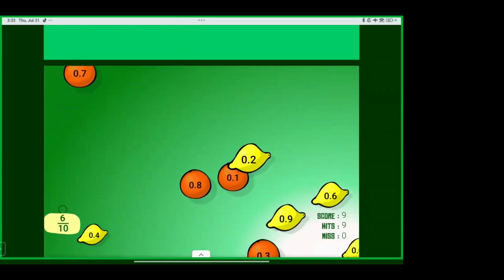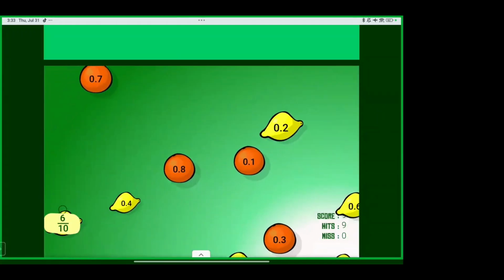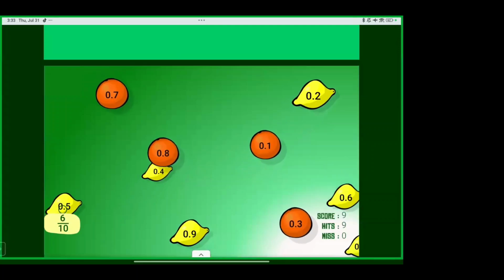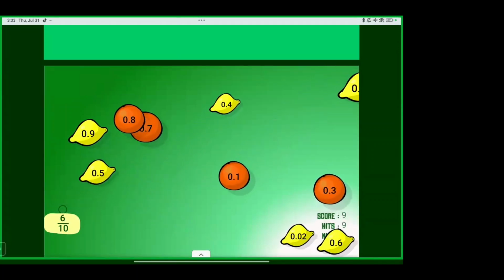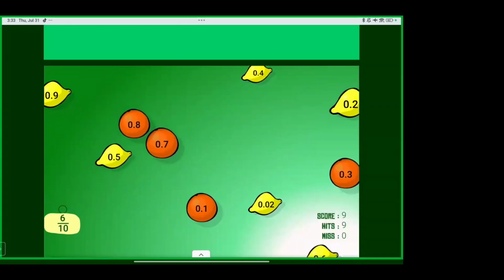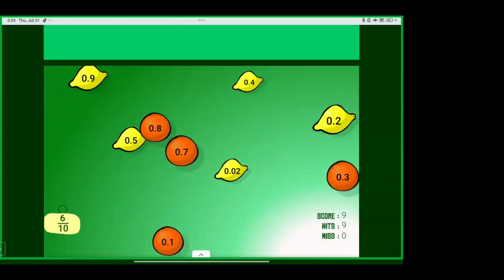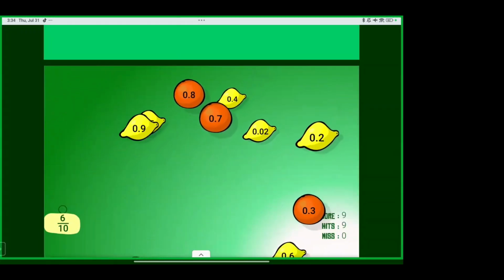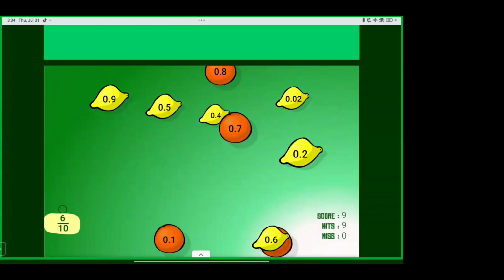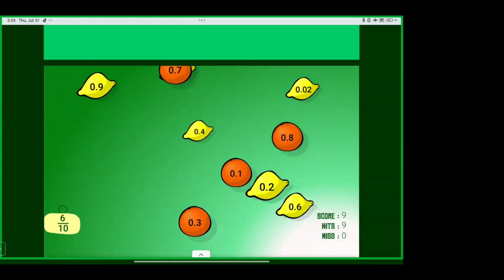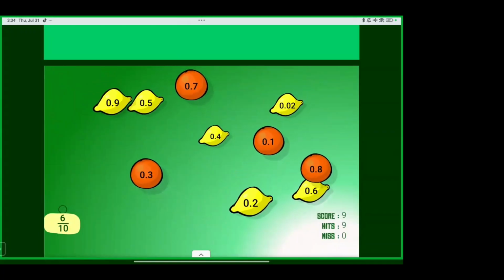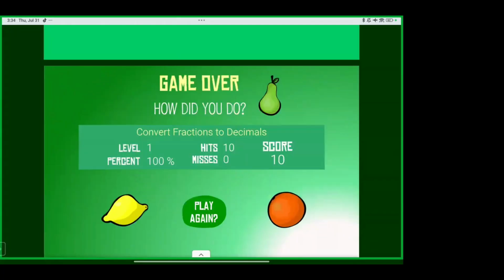What about 6 per 10? Group 2, can you answer? Or another group can answer it. Group 2 said 0.6, Miss. Okay, that's cool. Nice work, everyone.